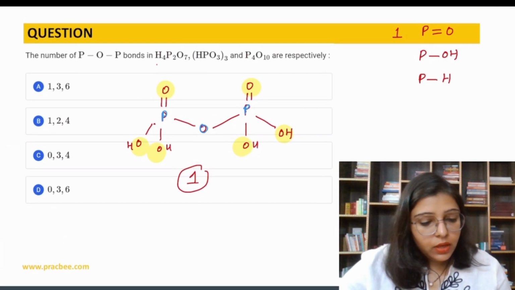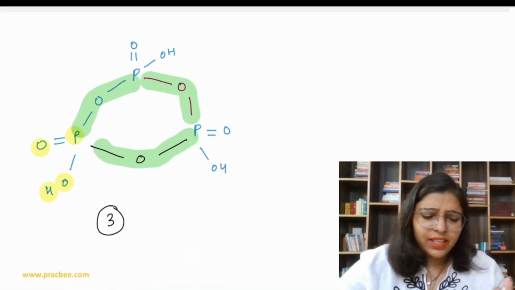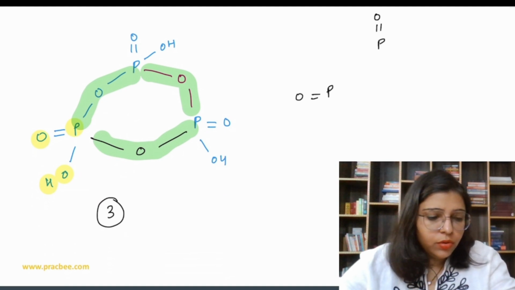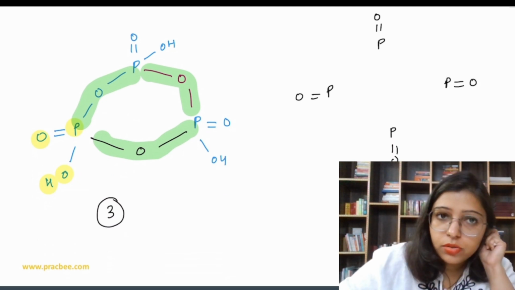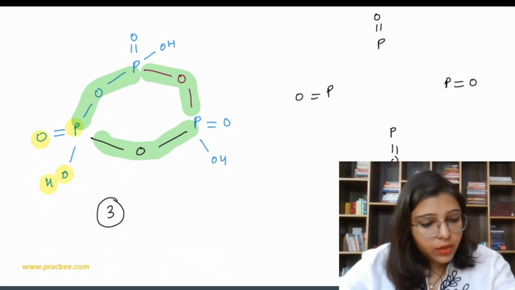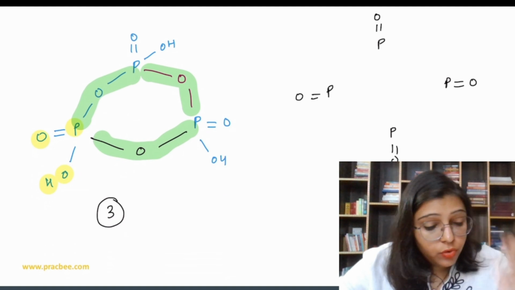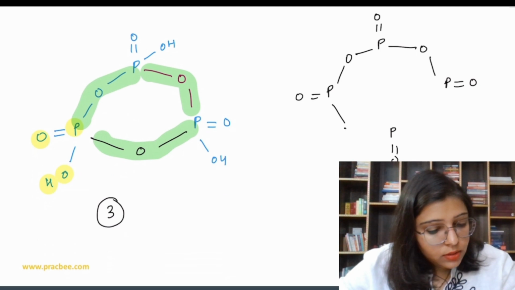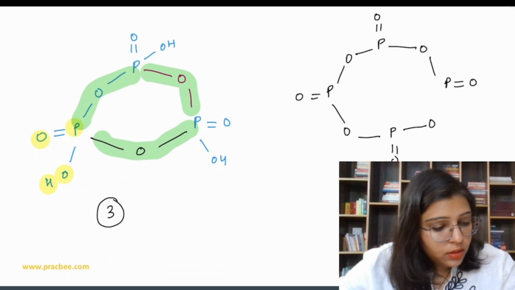Next, P4O10. Again, we have to draw similarly: double bond O, double bond O, double bond O, double bond O. There is no hydrogen. So in P4O10, 4 oxygen are already in the structure, then 5, 6, 7, 8.